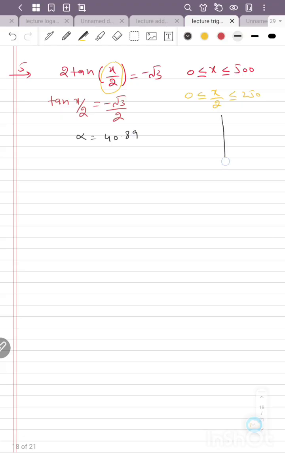Now we know that tan is negative in the second quadrant and the fourth quadrant. I have to write that tan is negative in the second and fourth quadrants. Now where is x by 2?